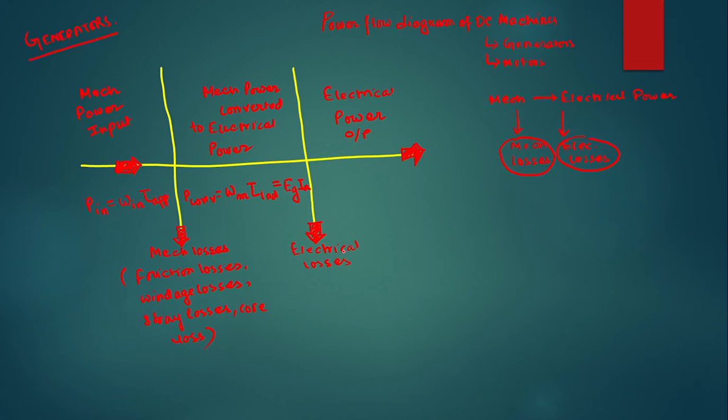Now electrical power output can be written as P out equals Pg, or generated power, equals Vt into IL, the output voltage multiplied by the load current, right?